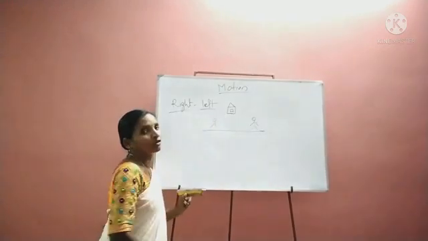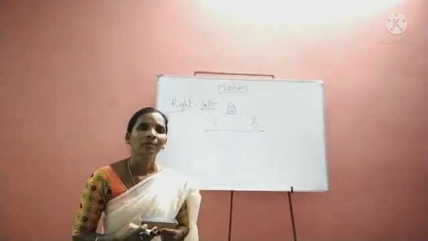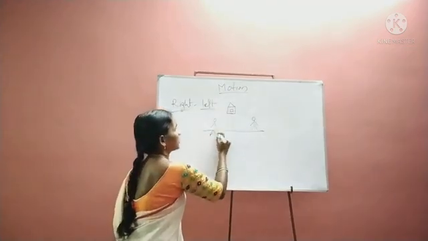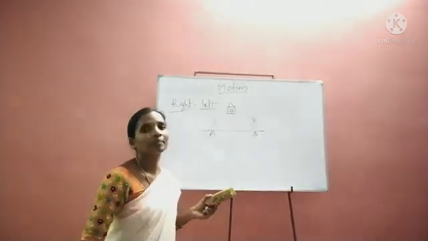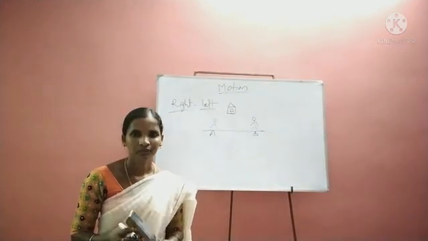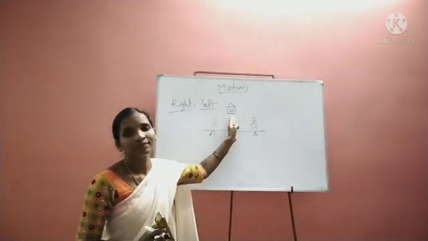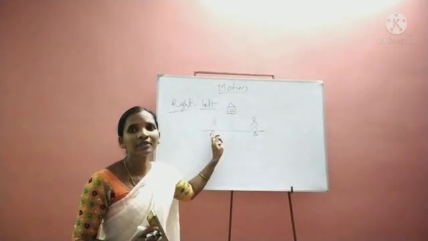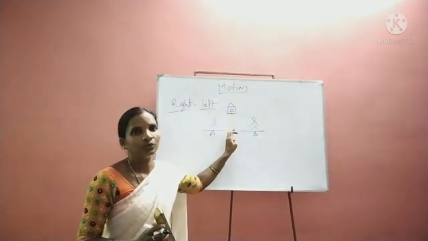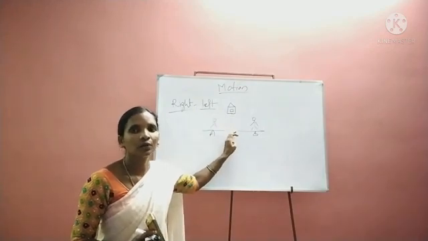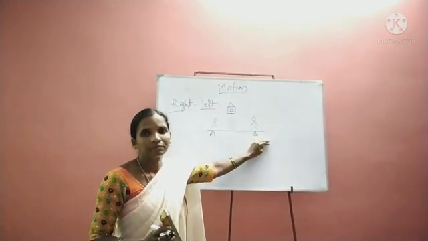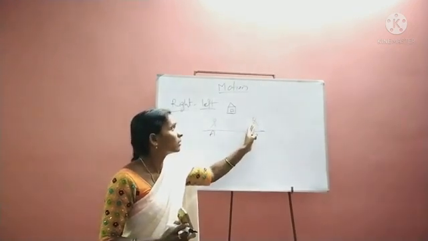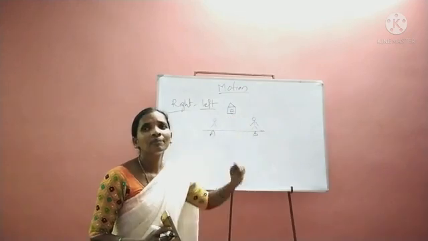There is one house. For person A, the house is on the left side of the road. For person B, the house is on the right side of the road.